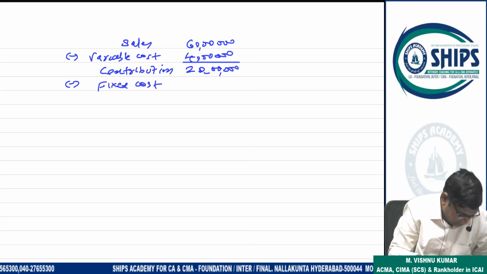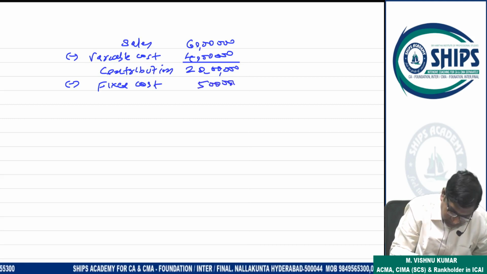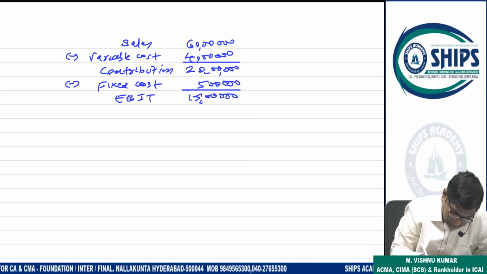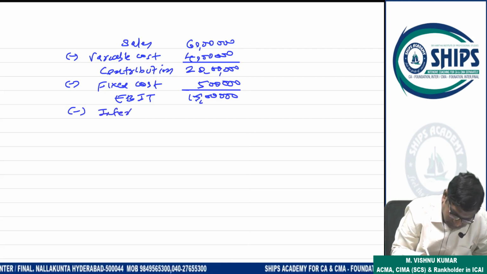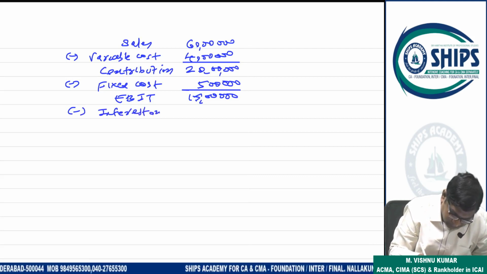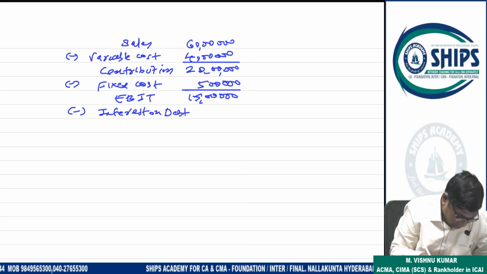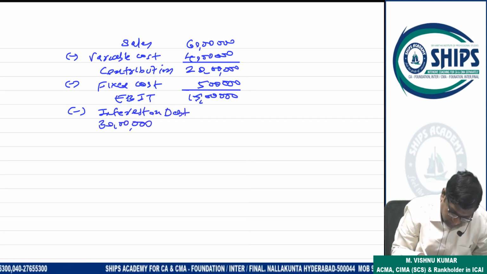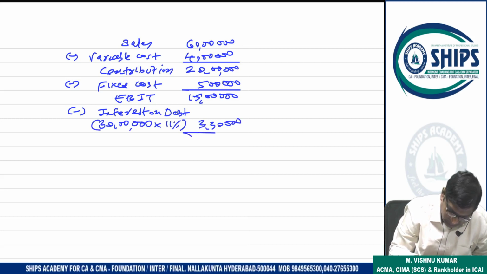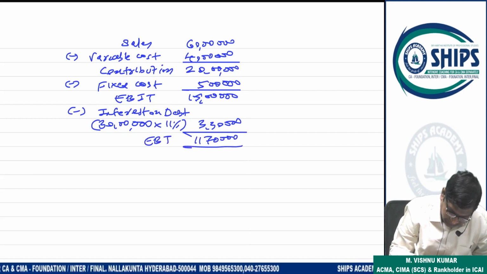Fixed cost 5 lakhs. EBIT. Interest 30 lakh rupees debenture into 11%. This is earning before tax.